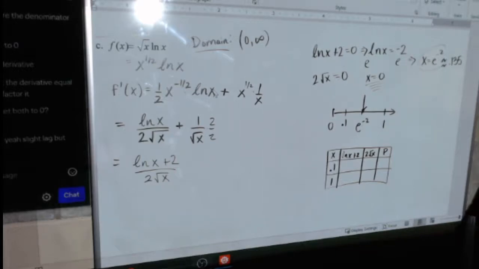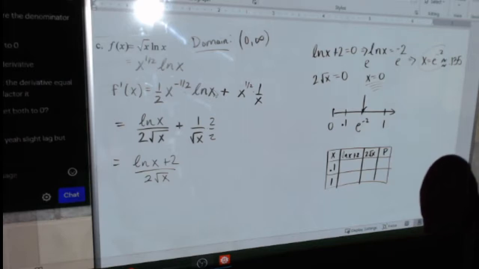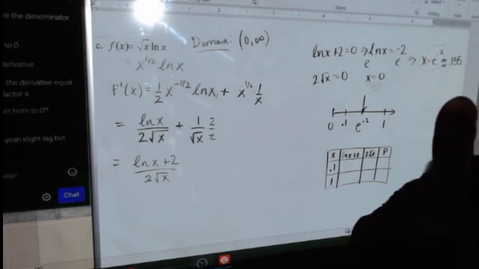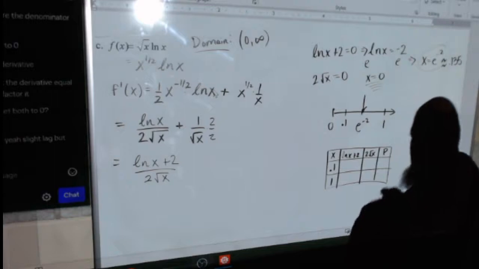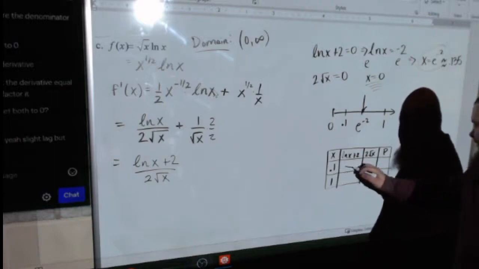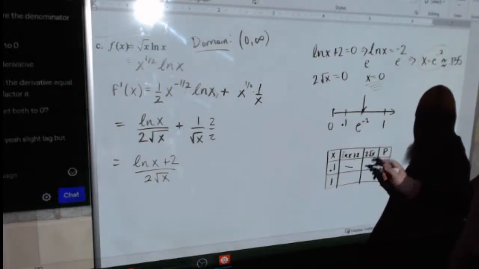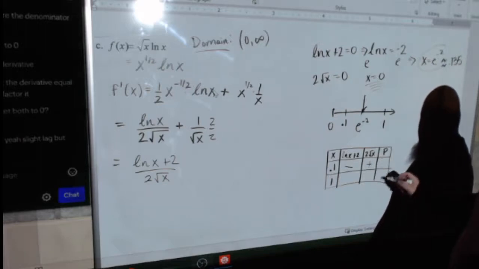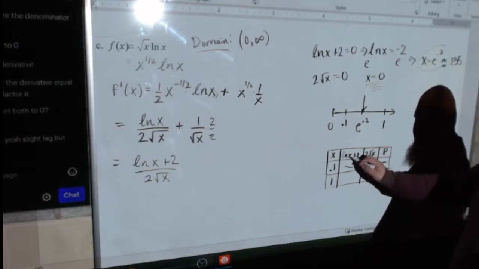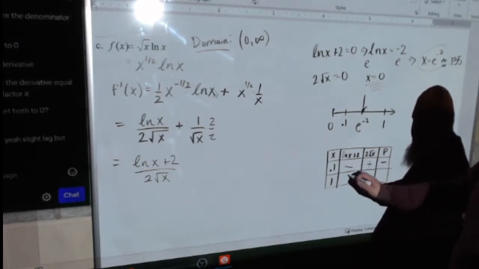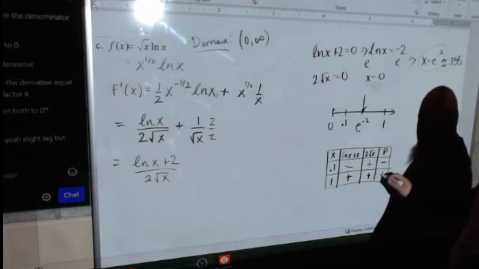So this time I'm going to use the calculator to calculate log of 0.1. I know it's negative, I just wasn't sure if it was greater than 2. It is. Therefore, this number is negative. And if I plug 0.1 into that, it's positive. Therefore, the product is negative. Log of 1 is 0, so this is positive, and this is positive, and therefore the product is positive.